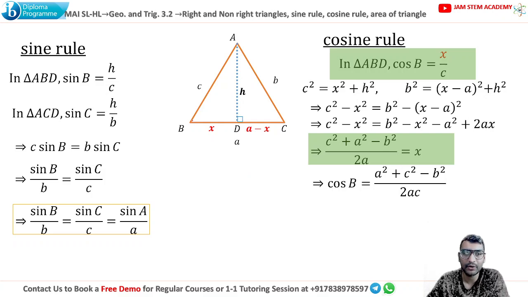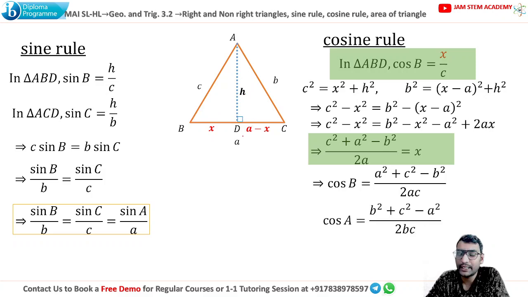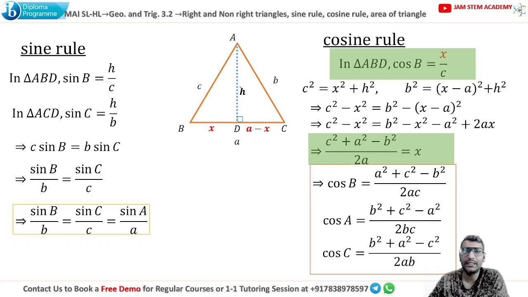For example, if you drop a perpendicular from B to this side, this time you can calculate the value of cosine A or cosine C. Once you do this, you will get cosine A equal to (b squared plus c squared minus a squared) over 2bc, and similarly for cosine C. Basically, the theme is if you are looking for angle A, cosine of angle A is given by taking the sum of squares of adjacent sides, c squared plus b squared, minus the opposite side a squared, divided by 2 times the product of adjacent sides.